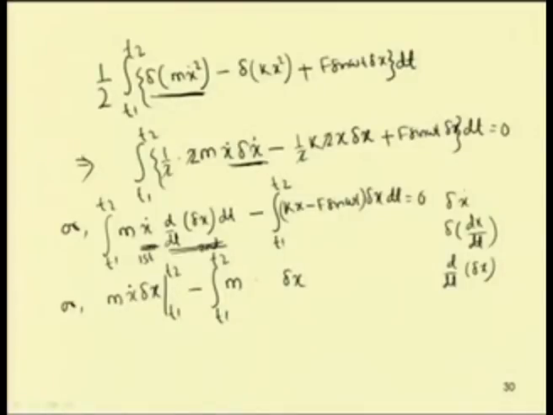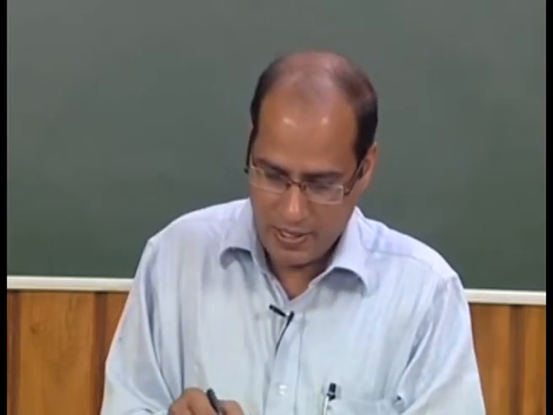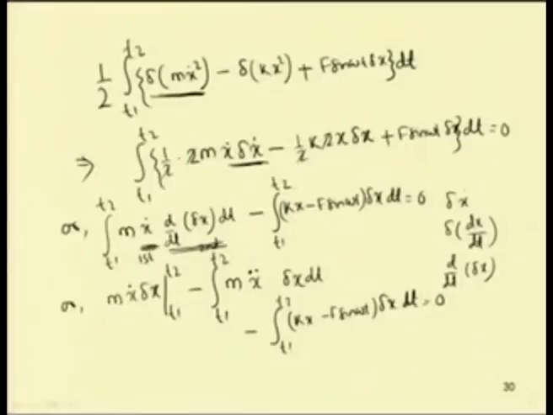The derivative of x dot becomes x double dot. So, m x double dot del x dt minus integration T1 to T2 of k x minus F sin omega t, del x dt, equal to 0. Already I told you this del x vanishes at T1 and T2, so this term becomes 0.